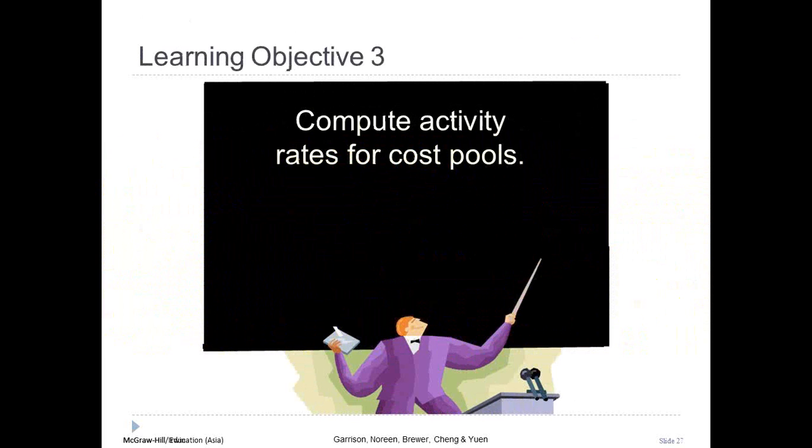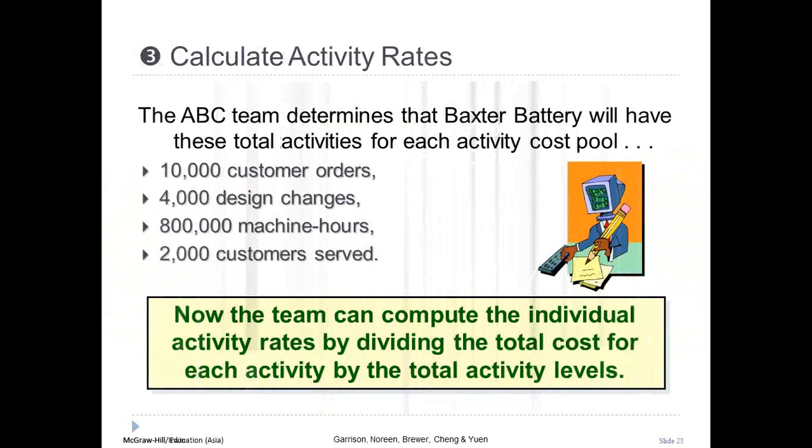Now, learning objective number 3: compute activity rates for cost pools. The Baxter Battery ABC team determined that the company has the following activity for the 4 cost pools: 10,000 customer orders, 4,000 design changes, 800,000 machine hours, and 2,000 customers served.